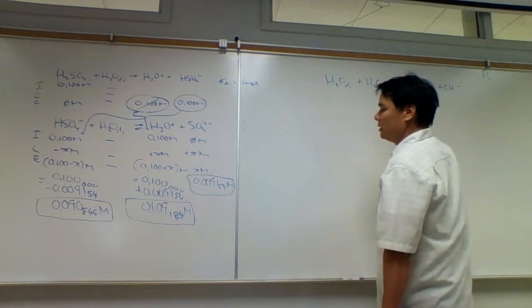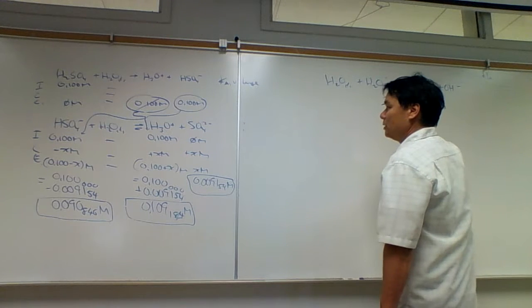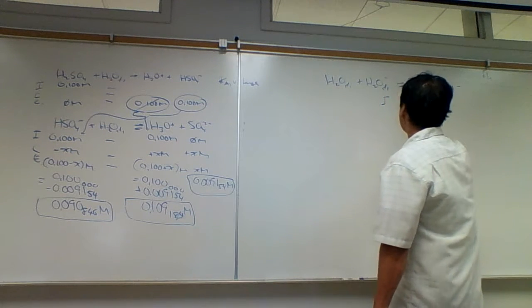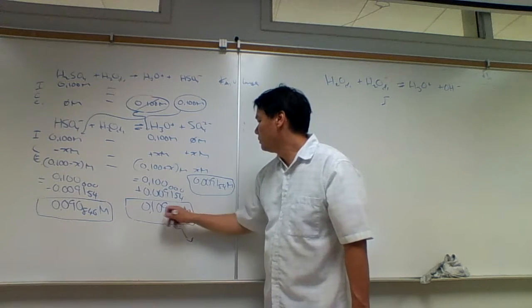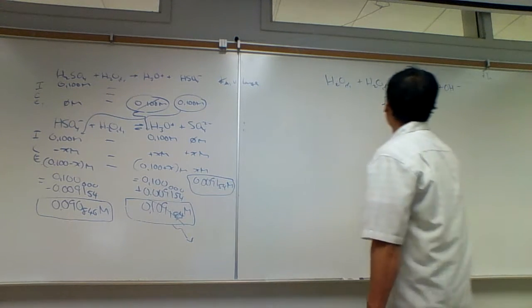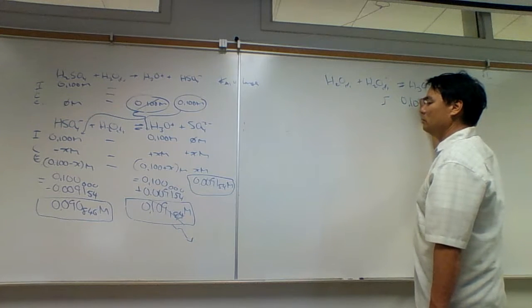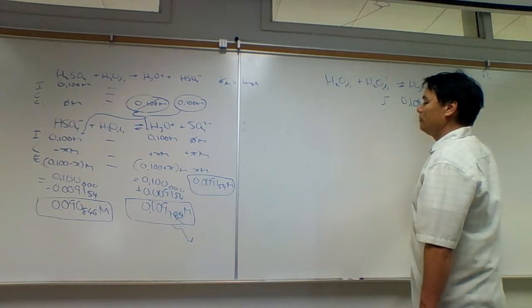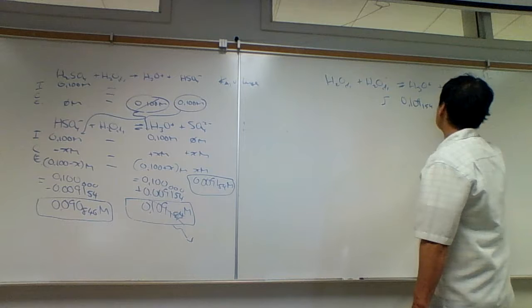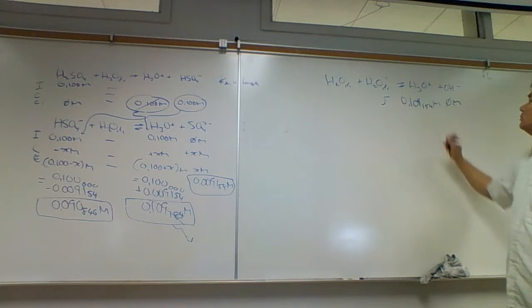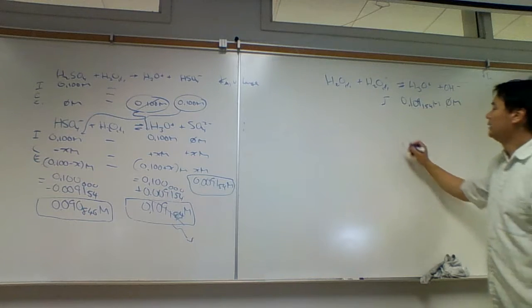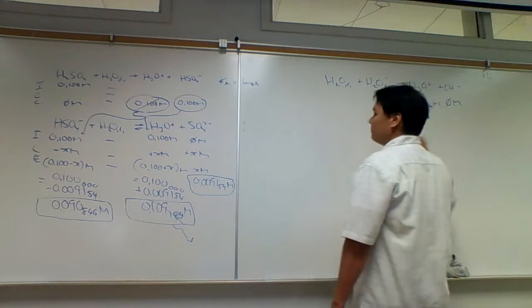And so initial hydronium is going to be from this step, so we've got to drop this down here, and it's going to end up here, 0.109154. The hydroxide is going to be 0 molar because we're going to assume that water has not yet reacted. There are no water collisions yet.